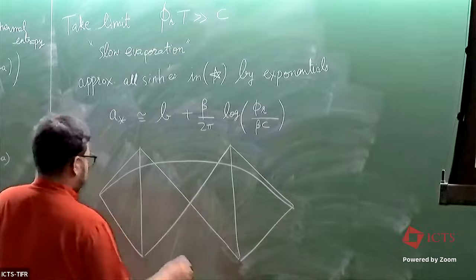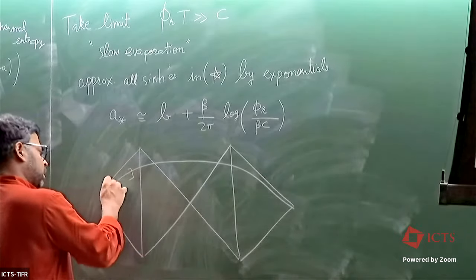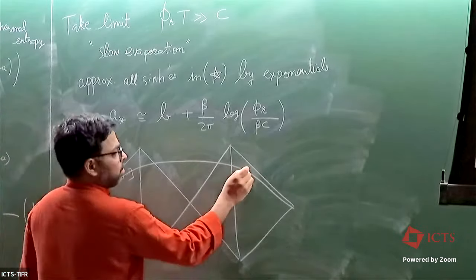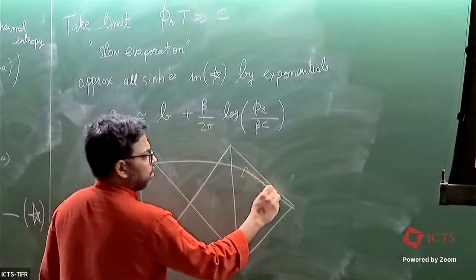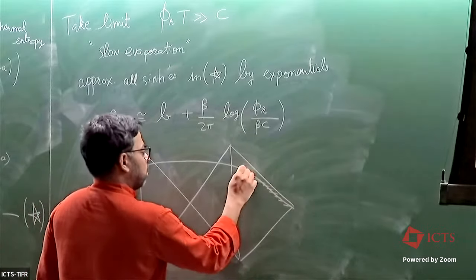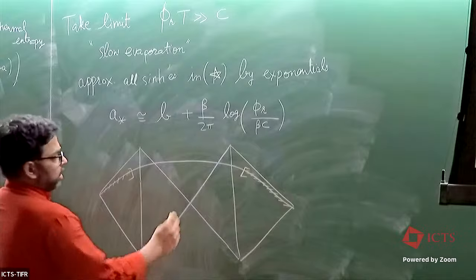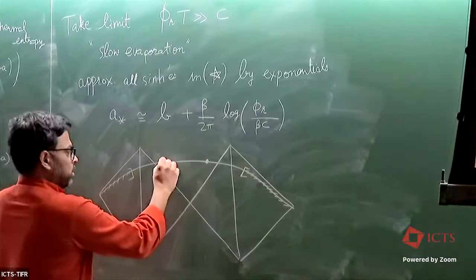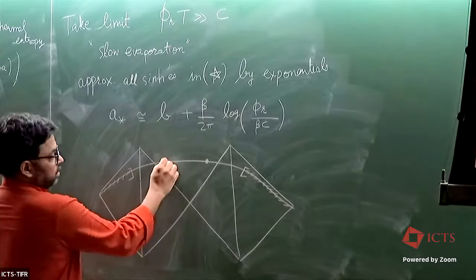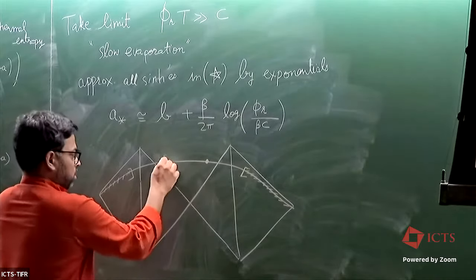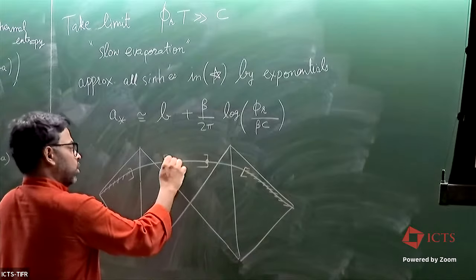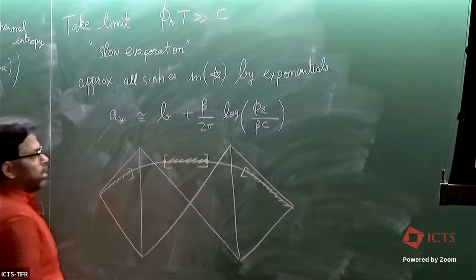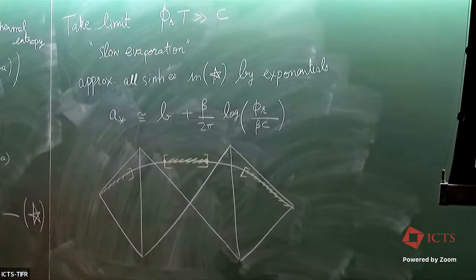And we took this to be our radiation region. And we found that there is a quantum extremal surface here, and by the argument I was just giving, some quantum extremal surface here. So the full yellow region is now the entanglement wedge of the radiation.